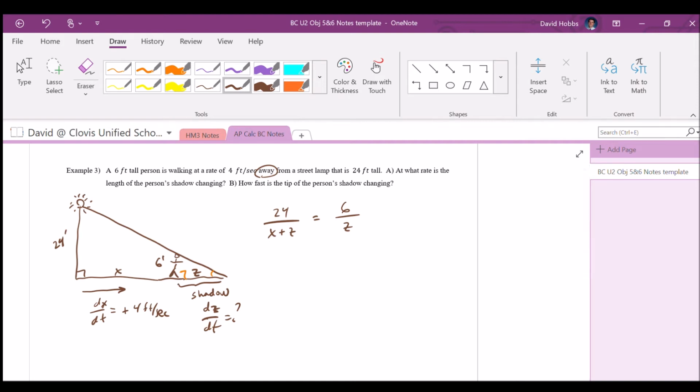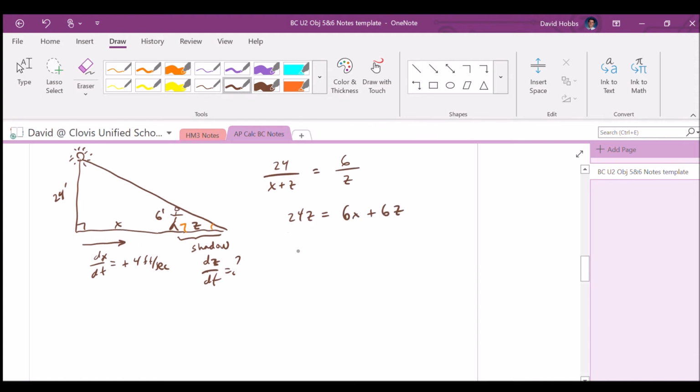We've got dx/dt, we want dz/dt. Now, sometimes it's really nice to go ahead and do some algebra cleanup before you start throwing the calculus around. So let's just clean it up here a bit. We got 24z equals 6x plus 6z. And so 18z equals 6x. So 3z equals x. That looks a lot nicer.